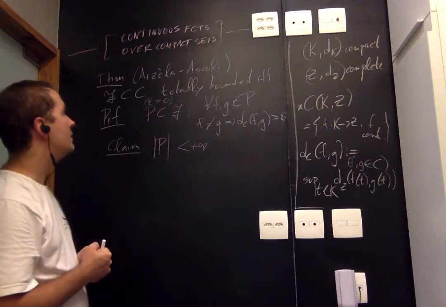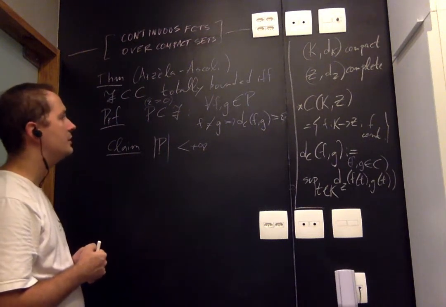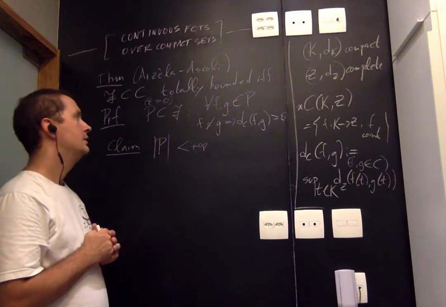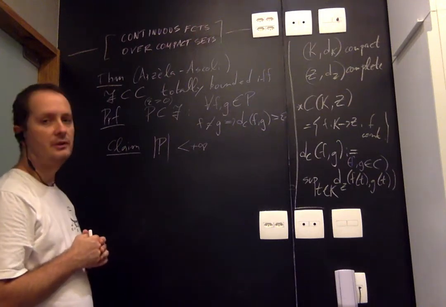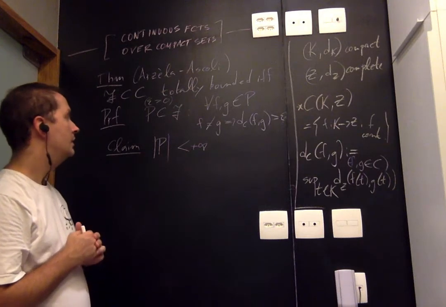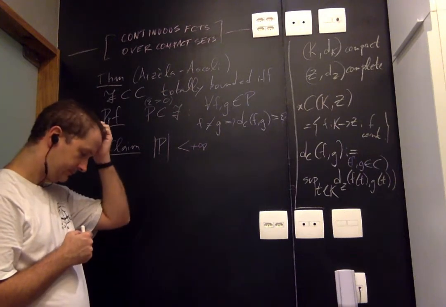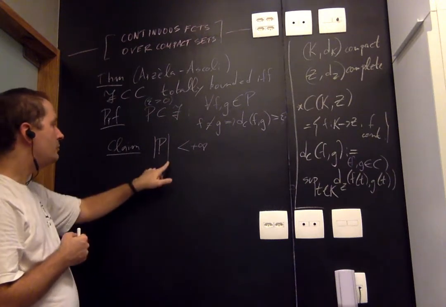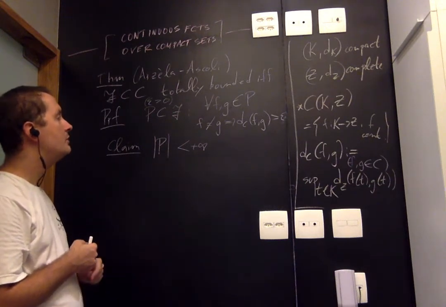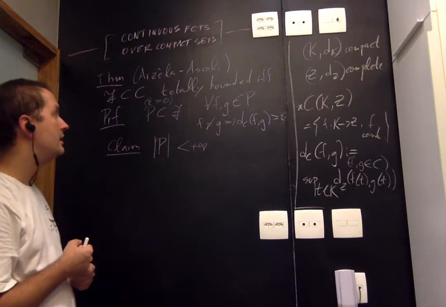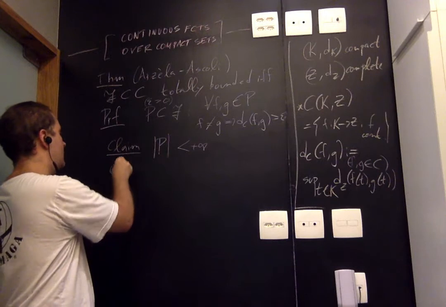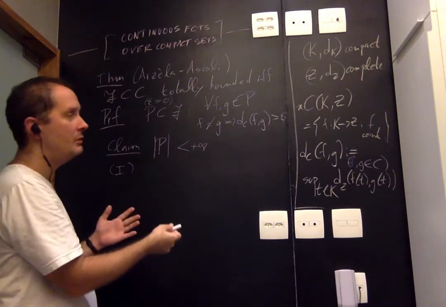But of course, at this point, there doesn't seem to be much that I can do. However, there is something clever that we can do here. I need to prove that this is finite. So what I'm going to show, that's step one, is that I can turn this into a finite problem in some sense.